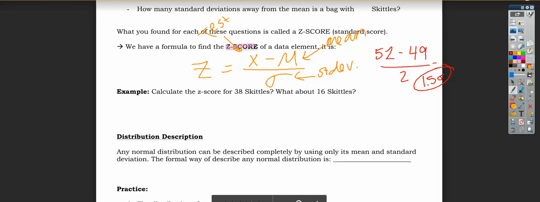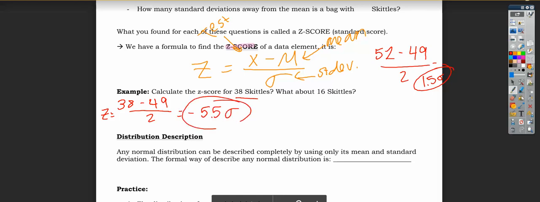Now it wants me to calculate the z-score for 38 Skittles. So that's my test value. So I'm going to do z equals 38 minus my mean, which is 49, all over my standard deviation, which is 2. So 38 minus 49 divided by 2, that's negative 5.5 standard deviations.